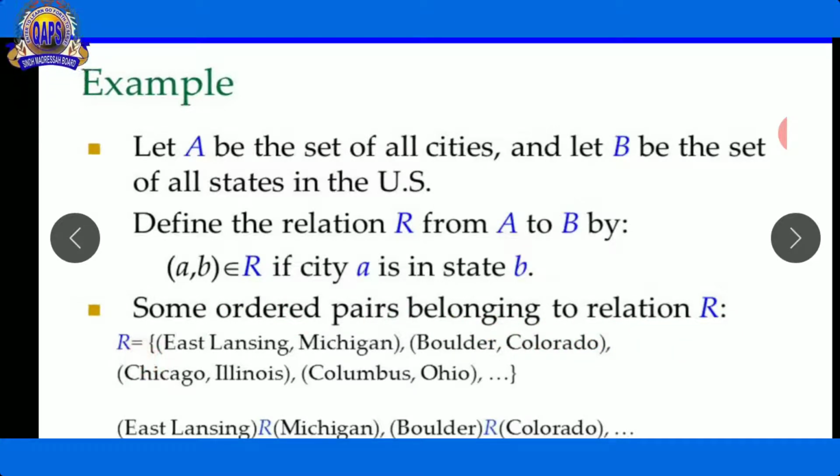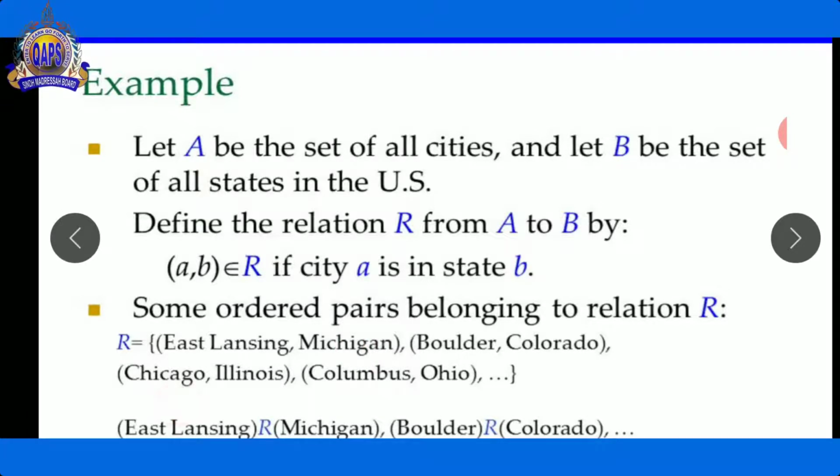Let's suppose this relation: East Lansing, Michigan. This East Lansing is a city and this is a state. Boulder, this is a city and this one is a state. So here city a must represent a city and b must represent a state. So this city is in the state of this area.